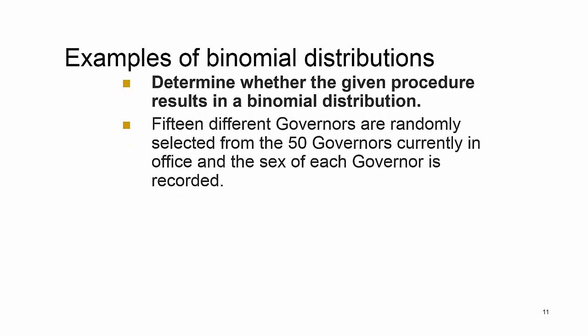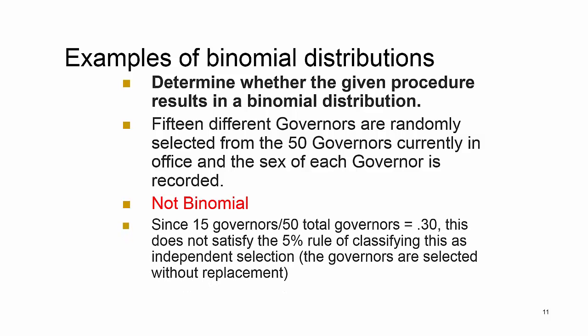15 different governors are randomly selected from the 50 governors currently in office, and the sex of each governor is recorded. So this is not binomial, and here's why. Since we have a sample of 15 governors out of 50 total, we need to check how large of a percentage our sample is. 15 divided by 50 is 0.30.